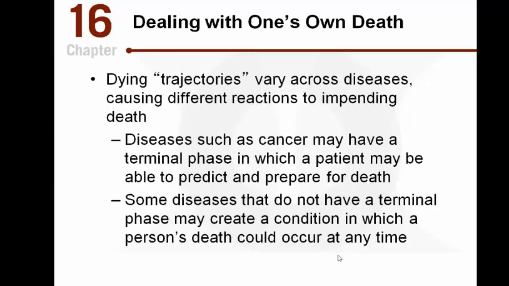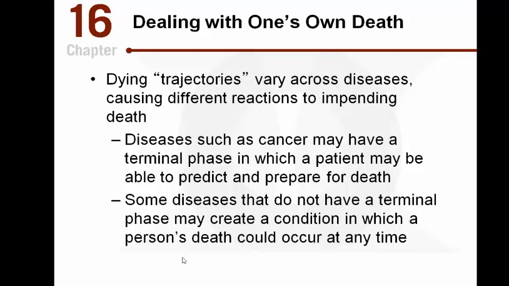So the process of dying varies greatly. Some individuals have no warning whatsoever. Some have quite a bit of warning. It talks about the fact that some diseases might have a terminal phase where you fought the disease for quite some time and now you know that there's nothing else to do, and you have some idea of how much time you have left. But there may be other situations where a person might have a health condition that is likely to end their life, but they have no real way of predicting when that might happen.